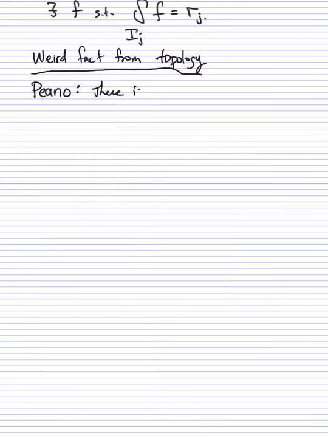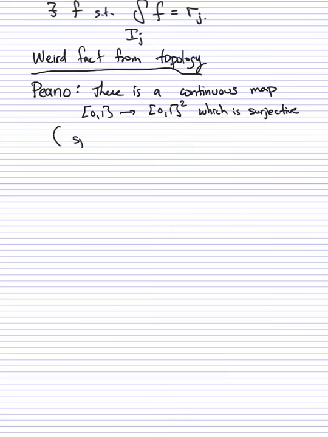So there is a continuous, and I know I haven't defined anything like that, but there's a continuous map from the interval to the square, which is surjective. Okay, so this is usually called a space-filling curve.